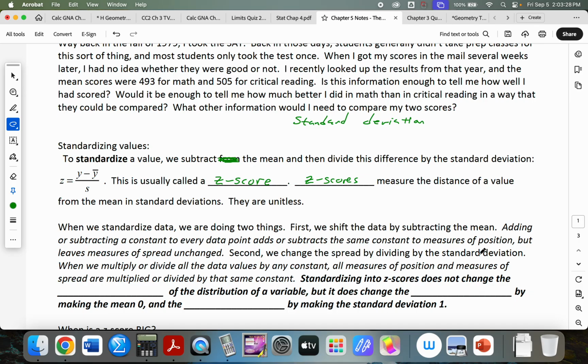Oh, this player is better than that player relative to the era in which they played. And it's a pretty cool idea. The populations are different. Yes, the populations are different. That's the whole point. You're comparing them to each other relative to the era in which they played.